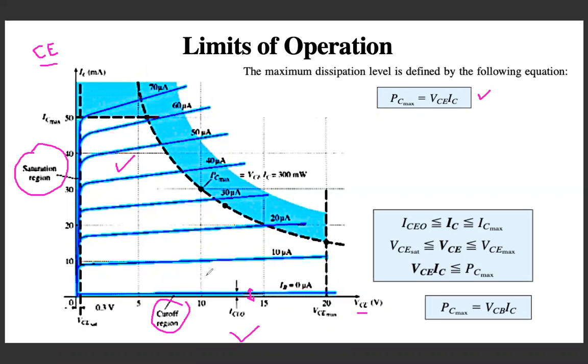Similarly, your VCE voltage should be greater than this particular value, VCE saturation. Otherwise, your transistor will be in the saturation region that we don't want. So these are two conditions that are directly related to the parameters' minimum and maximum values.